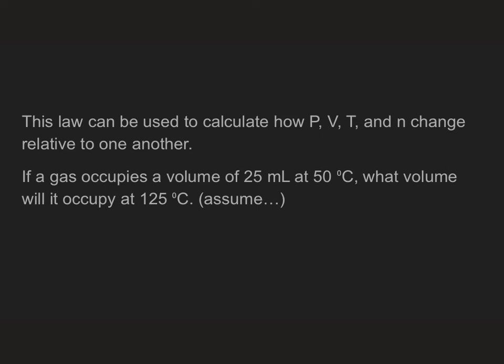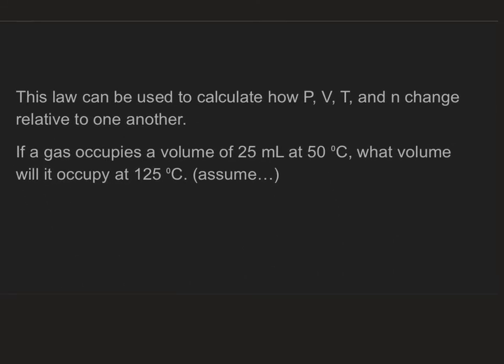Pause the video and read over the question. That is this question right here toward the bottom. There you go. Because there is no mention of n and no mention of P, we're going to assume that those 2 variables are constant.